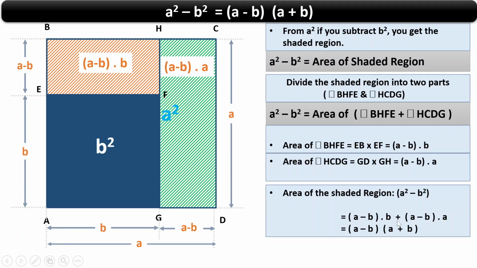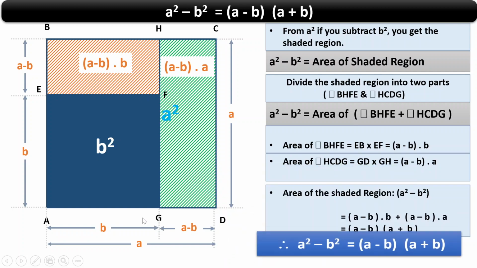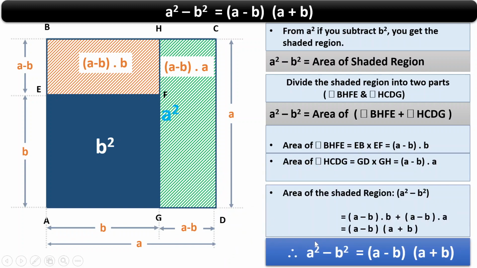A minus B is common, let us take out A minus B into B plus A, or A plus B. So this is how you are getting this formula. So now A square minus B square is equal to A minus B into A plus B, that's what we got. So therefore we got this formula, A square minus B square equals A minus B times A plus B.